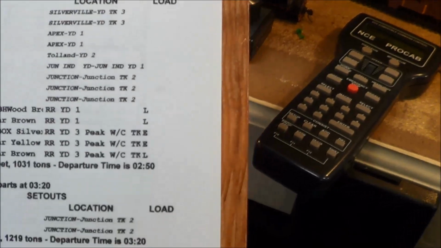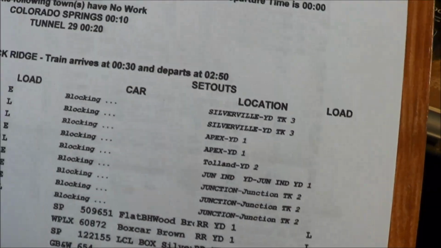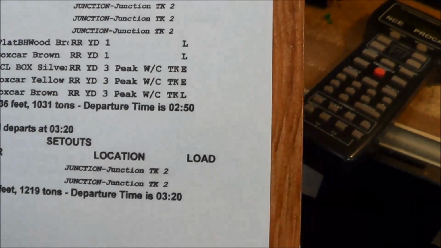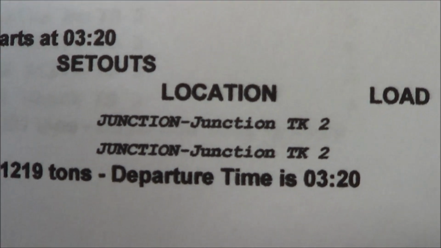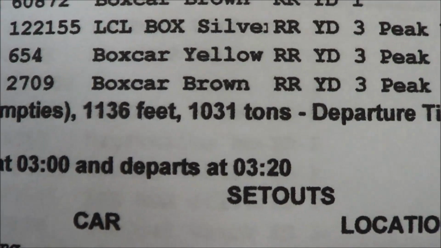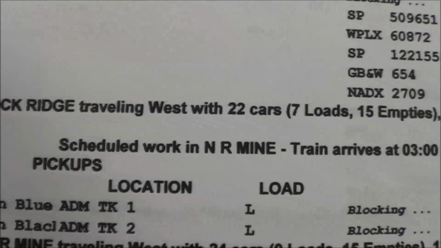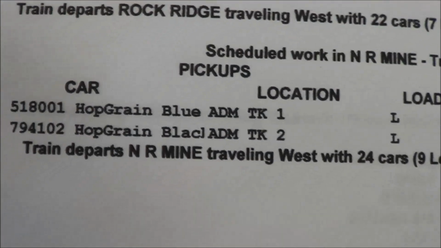We're going to pick up cars on the way, and they have to be put into the train. You can see right here, we're going to pick up 2 cars at New River Mine. Let's see here. Schedule work at New River, train arrives and departs at so on and so forth.